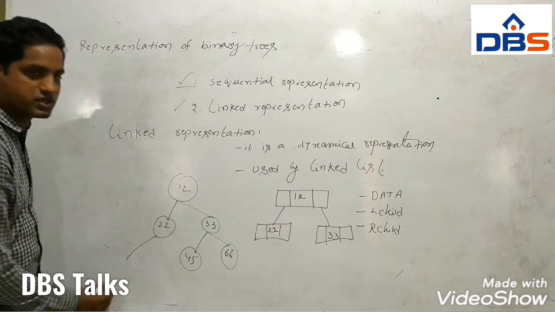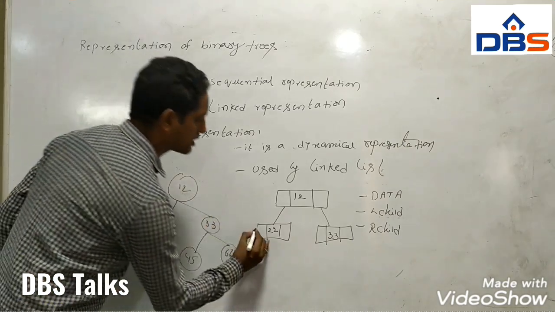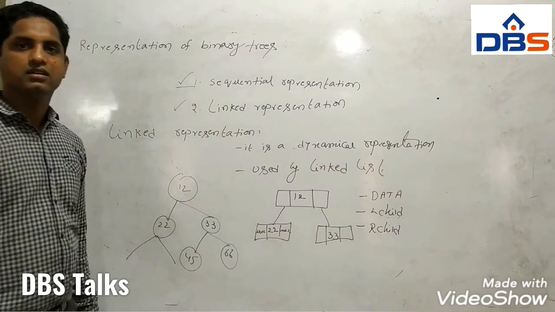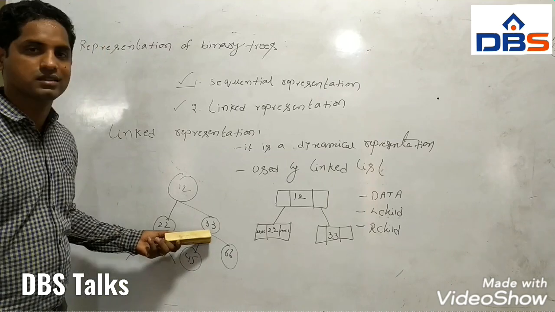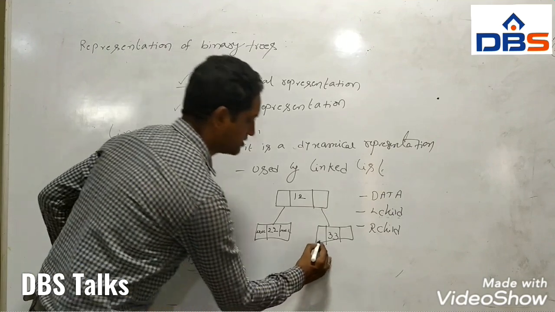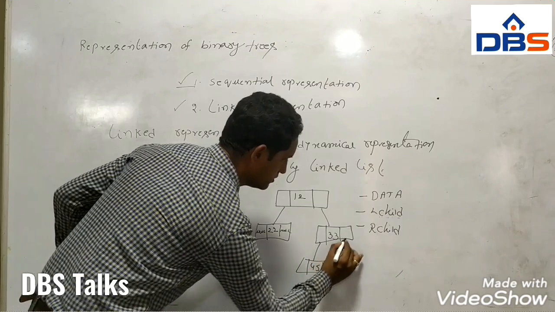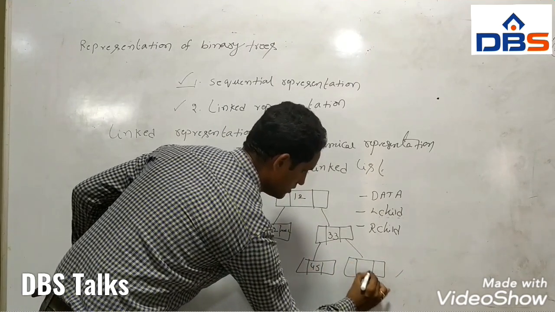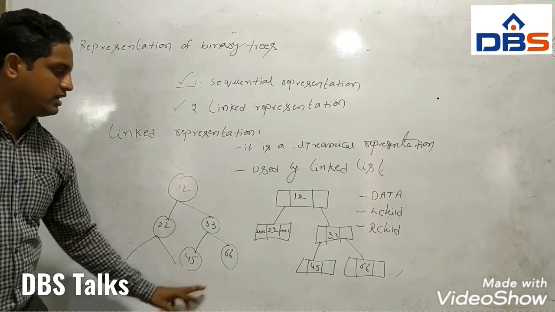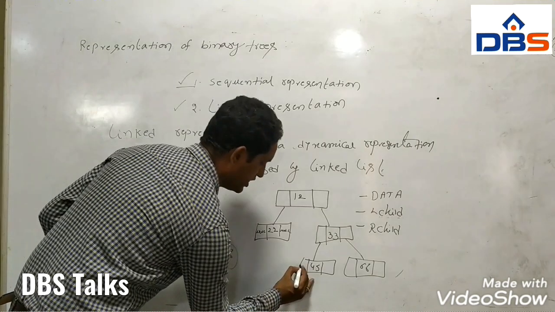But here there is no left child node and no right child node, so we can assign null. Then we go for the next, 33. The left child is 45 and the right child is 66. In 45 there is no left and right, and in 66 there is no left and right. So in that way we assign the null pointer.